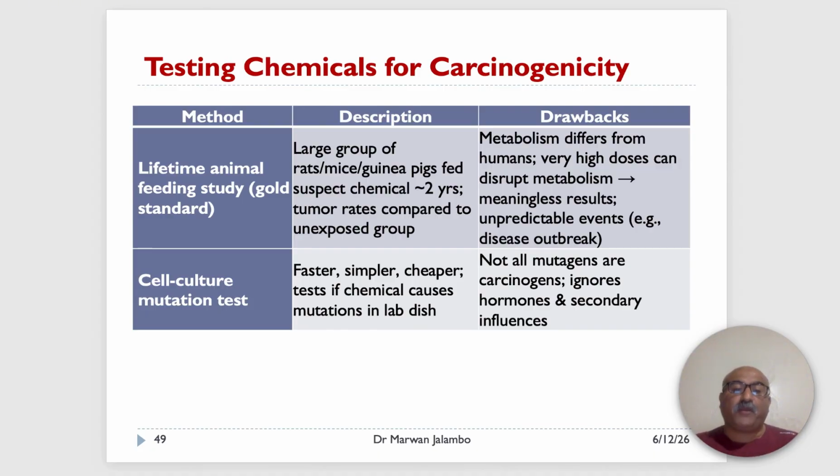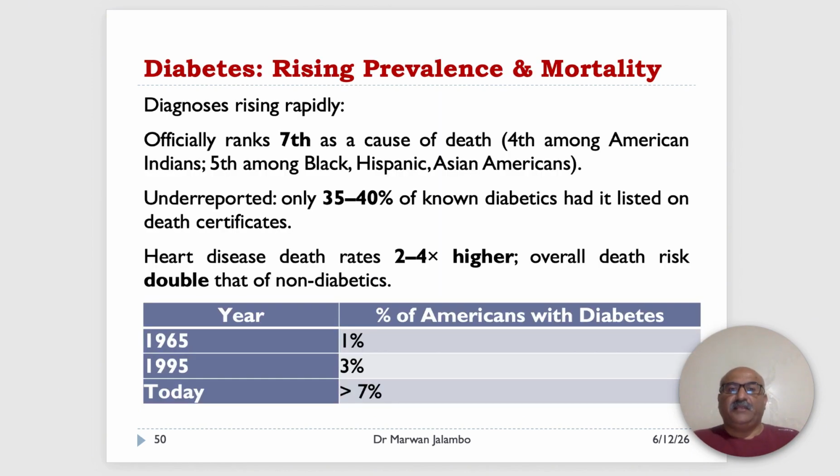Let's move to our third major disease, one that's rising fast and is closely tied to lifestyle: diabetes. Diabetes, rising prevalence and mortality.